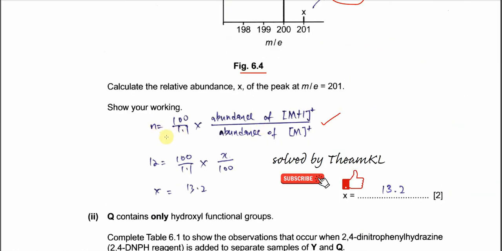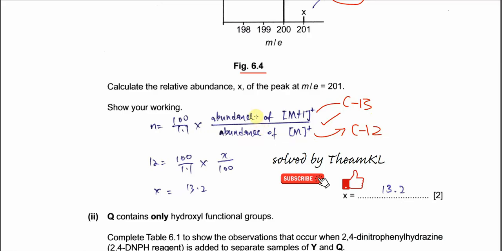N, the carbon number, equals 100 over 1.1, which is the ratio between carbon 12 and carbon 13, times the abundance of M plus 1, caused by carbon 13, over the relative abundance of M positive, caused by carbon 12.